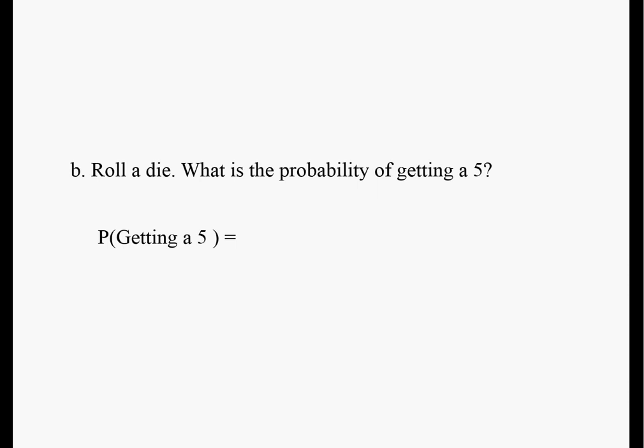So the total number of possible outcomes of rolling a die is 6. Now, how many ways can you get a 5 by rolling a die only once? Just one way to get a 5. Therefore, the probability of getting a 5 in rolling a die is 1/6, or you can express that as a decimal. Okay.